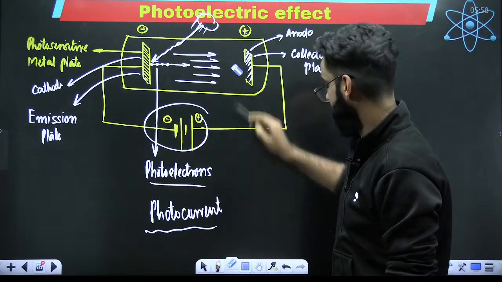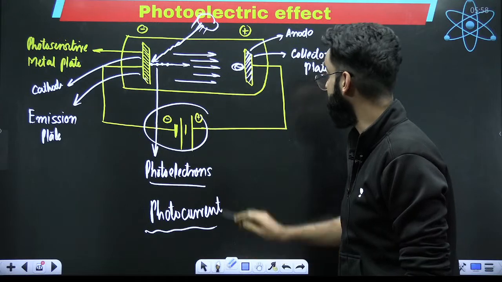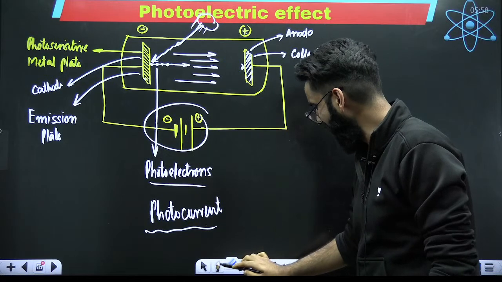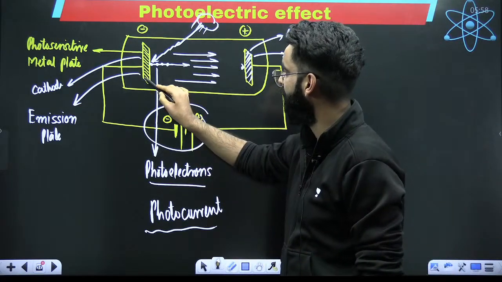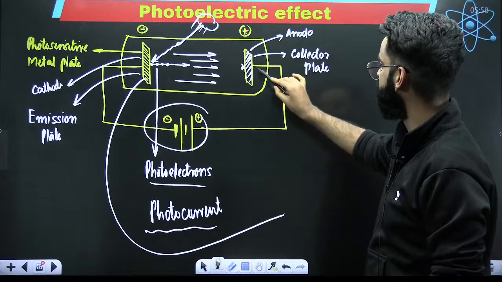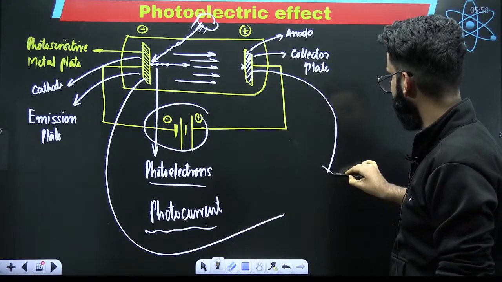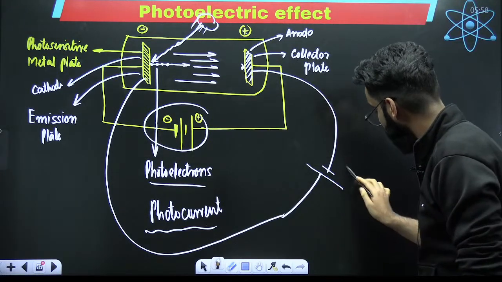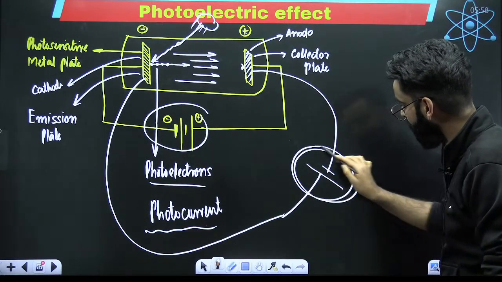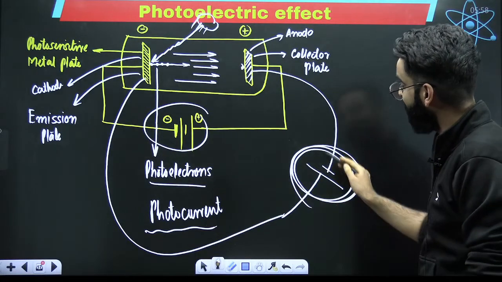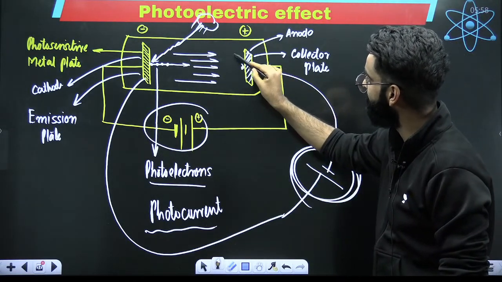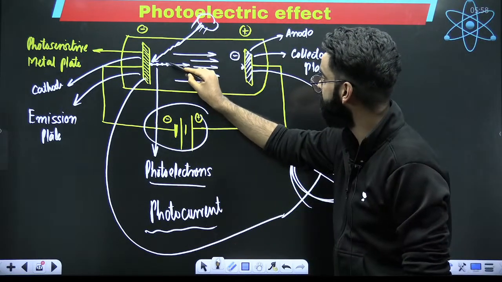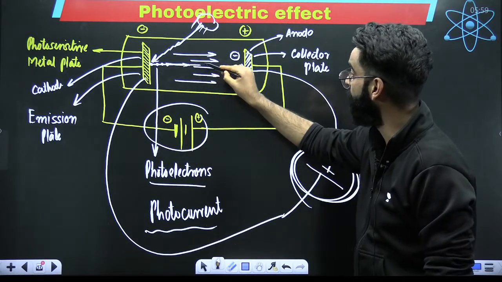See, this was basically your positive plate. It was connected with this particular battery. Now just try to understand in this way. Imagine I'm connecting this with one more external battery, and this is the negative terminal now, this is positive. If I keep on increasing the voltage of this particular battery, the intensity of negative charge on this plate will increase, right? And these electrons, which were supposed to come in this direction, will experience more repulsions.